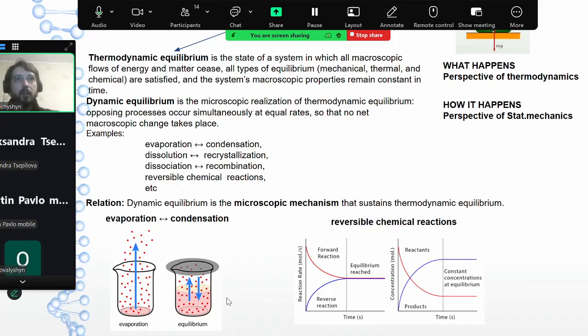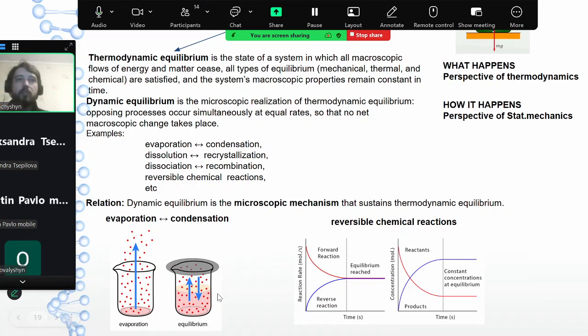It doesn't mean that only the same molecules are in the liquid phase or in the gaseous phase. Some molecules are always moving from the liquid to the gas and from the gas to the liquid. But if I measure any of the macroscopic parameters, pressure, volume of the liquid, volume of the gas, temperature, whatever, they are all constant. So this is an example of an equilibrium.